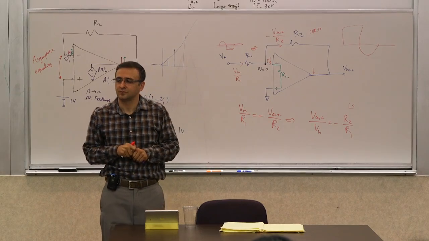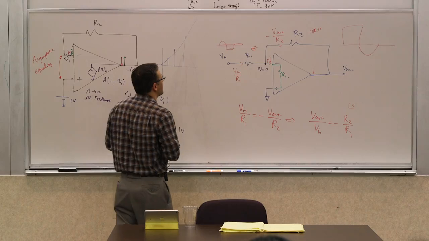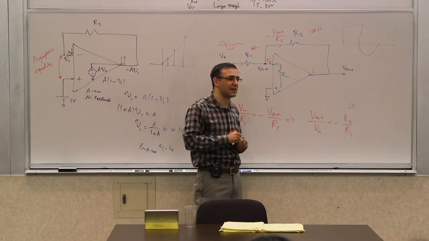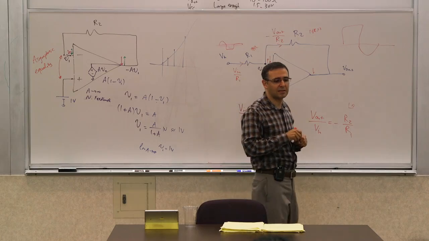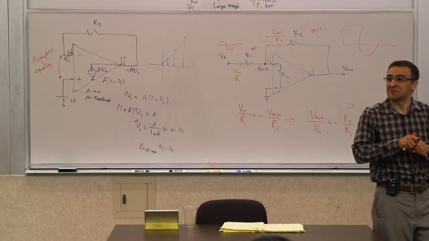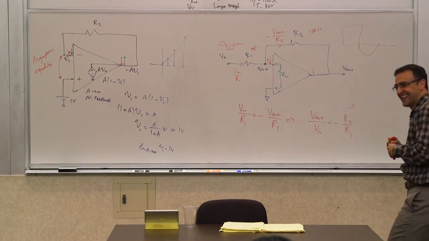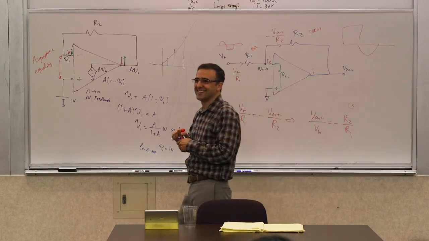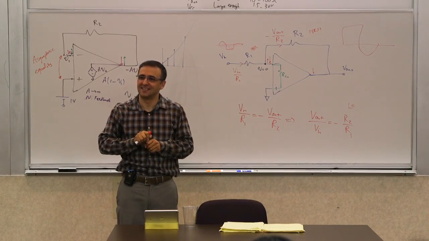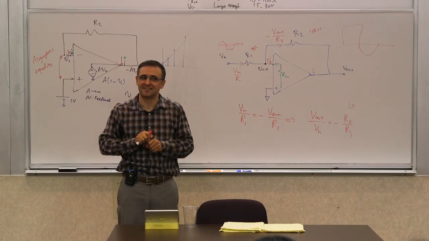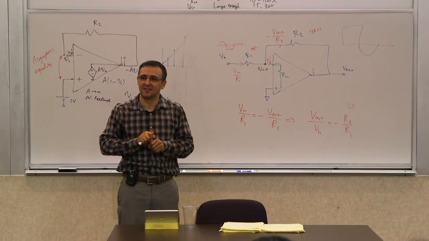So you say you would run into non-ideal behavior. That's correct because it's very general. What do you mean by non-ideal behavior? So you can't really make the statement that Vn equals 0.